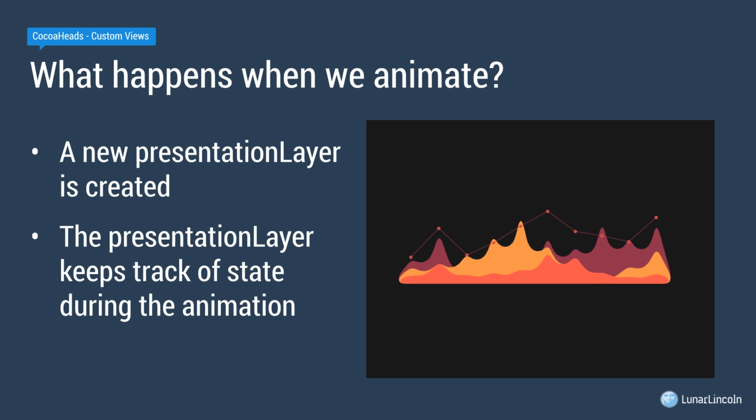So yeah, presentation layer keeps track of the state during the animation, and then once the animation finishes, you're back to just using your regular layer. But something that tripped me up early on was I would try to set a property on the layer, and I didn't understand why it wasn't working, and it had to do with this presentation layer. So be on the lookout for that.